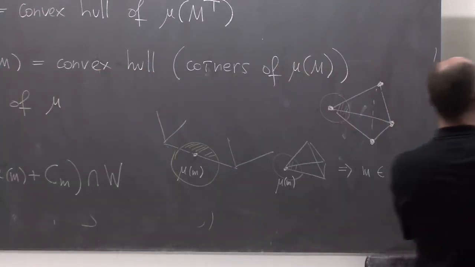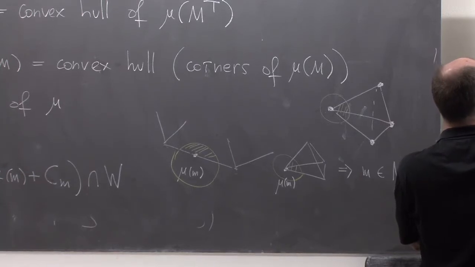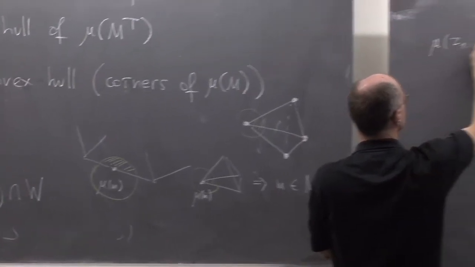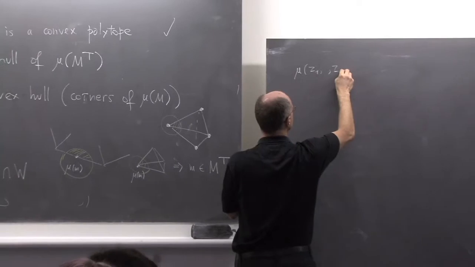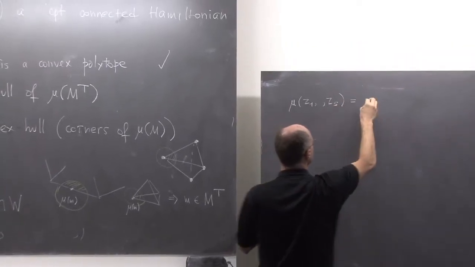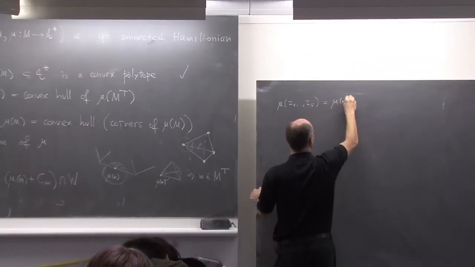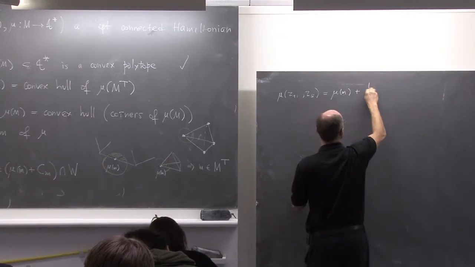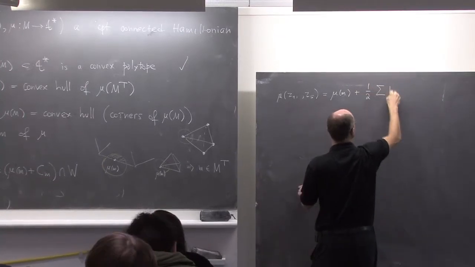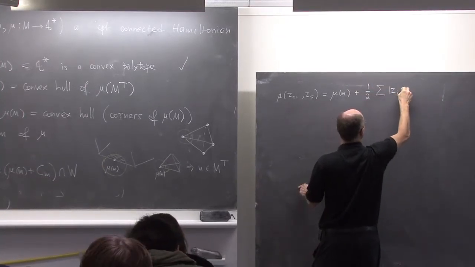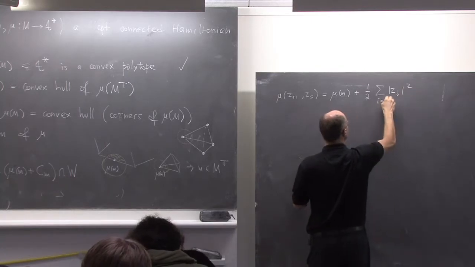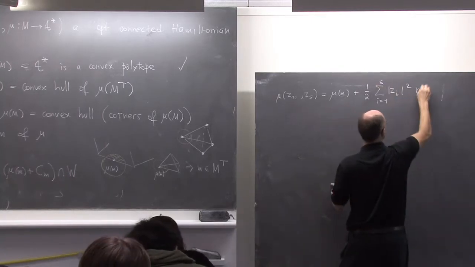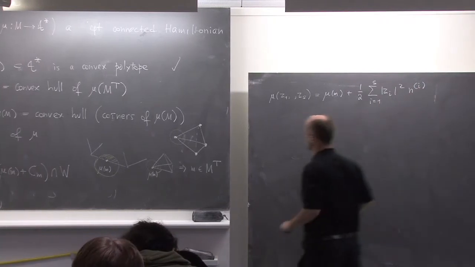So let me recall that the formula in local coordinates z1, ..., zs, it looks like mu of m plus 1/2 sum of |zi|^2 times weight vectors. And here there are some weight vectors.